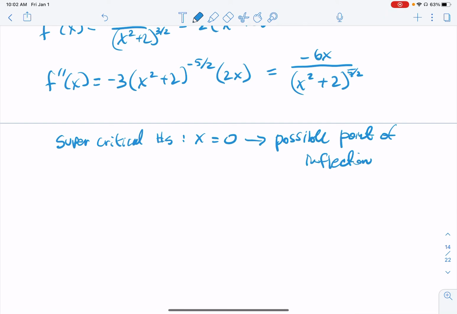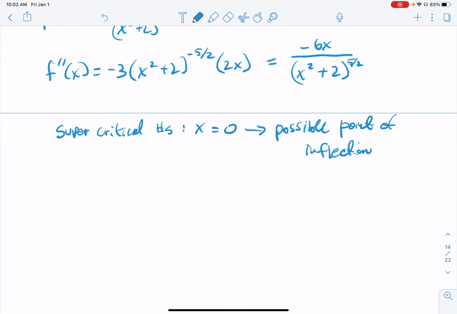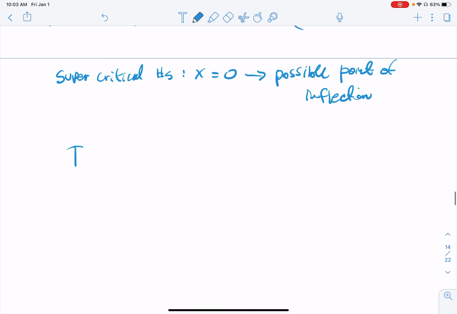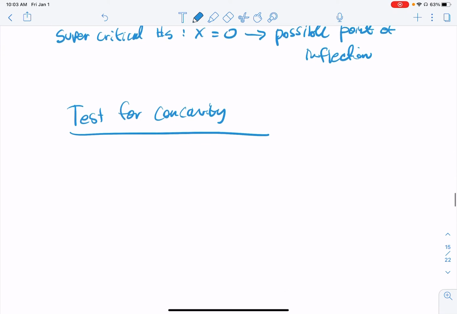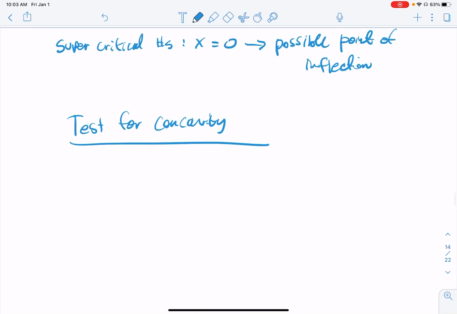How do I know? What I'm going to do is a test for concavity. So the test for concavity looks sort of like the first derivative test, except you're doing it on the second derivative, and we need some intervals.